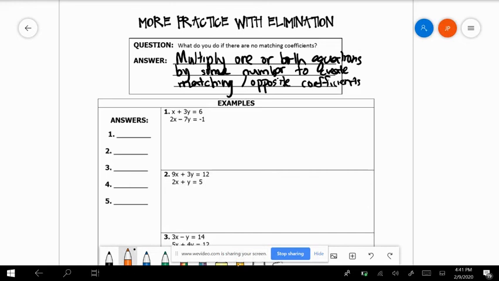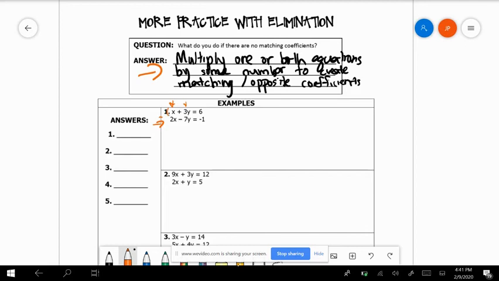I just want to do number one with you, and then you're going to do a bunch of practice on your own. What I mean by this is if I look at number one, notice none of the coefficients match nicely like they did in the first ones. I've got a 1 here, a 3 here, a 2 here. None of them match up. So I want to multiply so that they will.